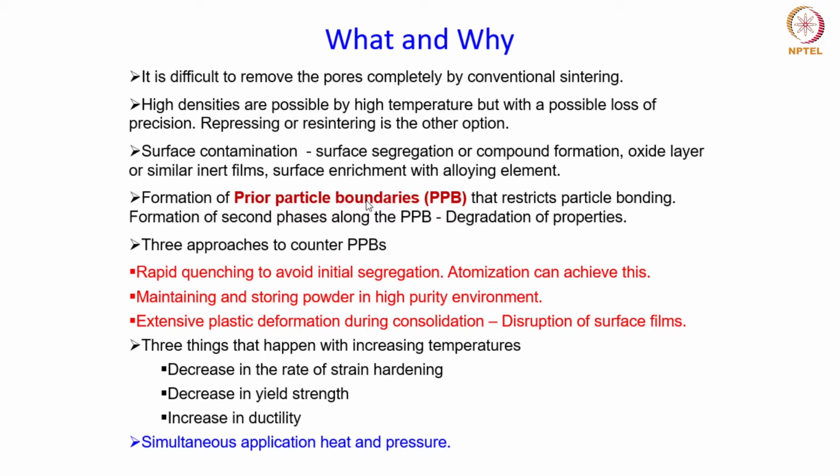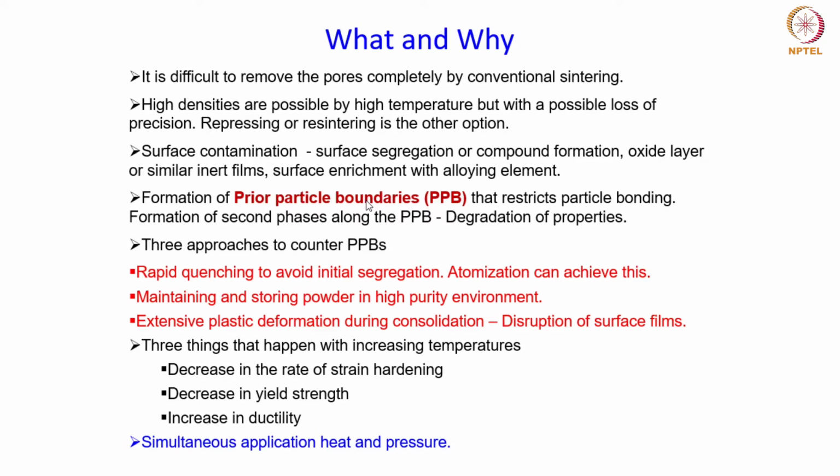The surface of the particles can have segregation or compound formation, including oxide layer or similar inert films. And when these kind of layers are present on the particle surfaces, it will prevent bonding between the particles, which is quite obvious, right?